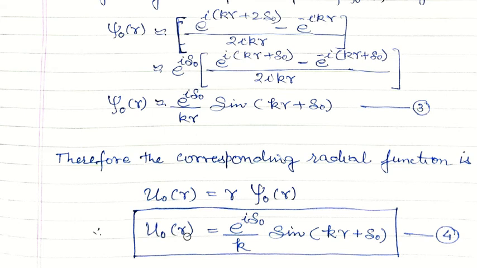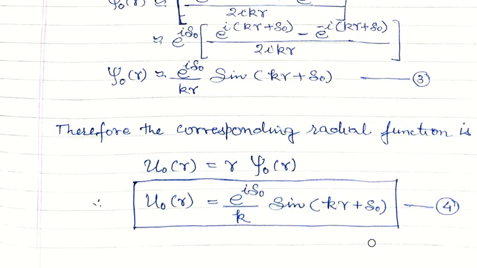So u_0(r) is equal to e to the power iota delta_0 upon k sin(kr plus delta_0). So this wave function u_0(r) is called the radial wave function for low energy scattering.